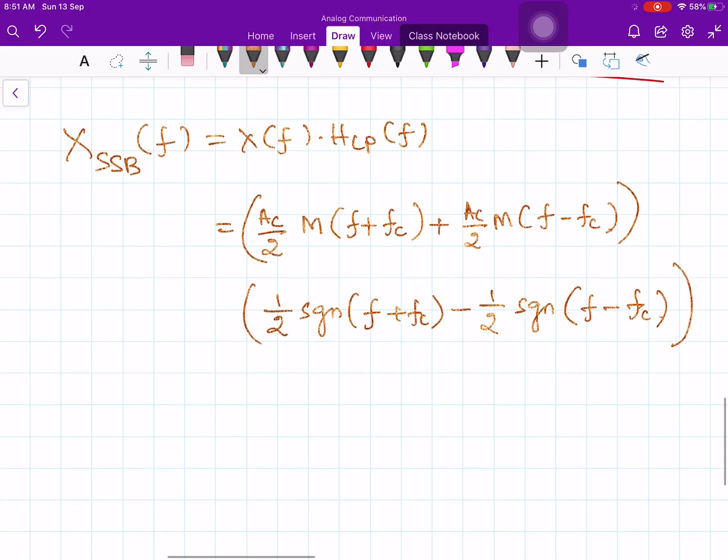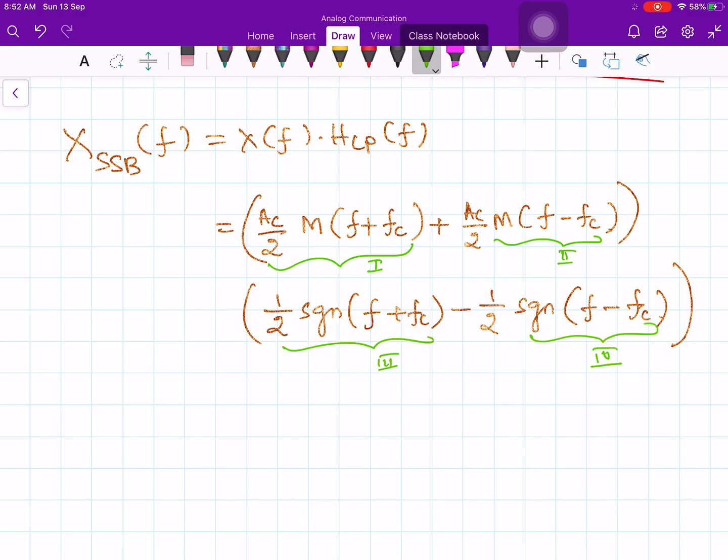That's it. You multiply these two things. Let me say this is term 1, second term, third term, and fourth term. So there are 4 terms. You multiply these two, then you'll get 4 terms. This is the expression for DSB SC, and this is the expression for the low pass filter.